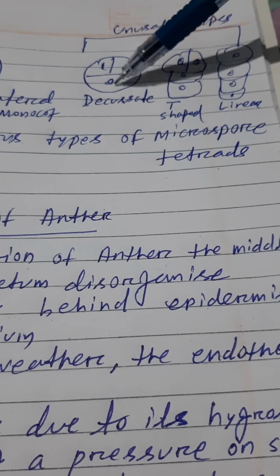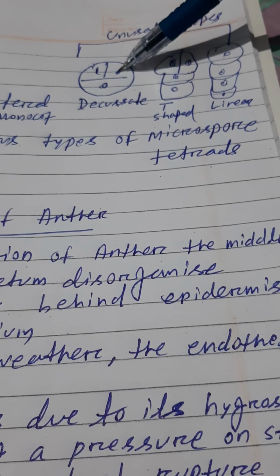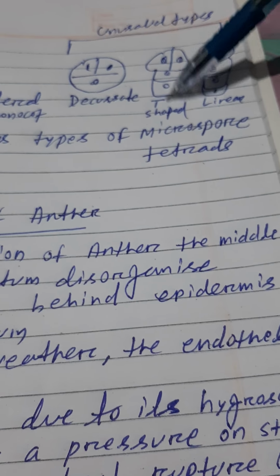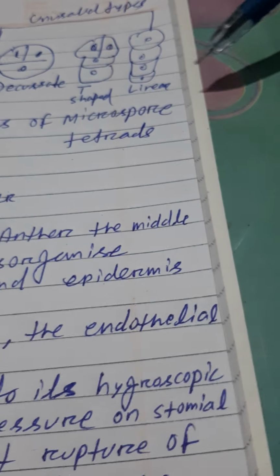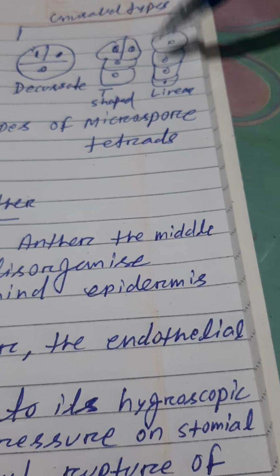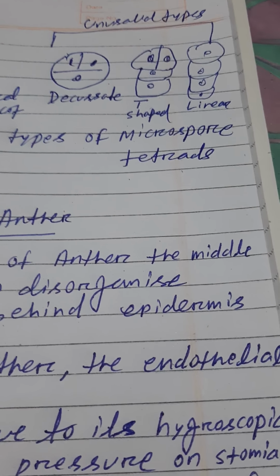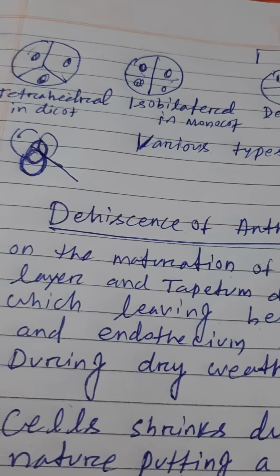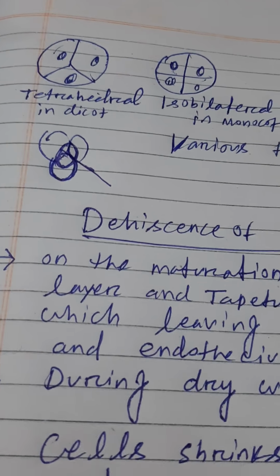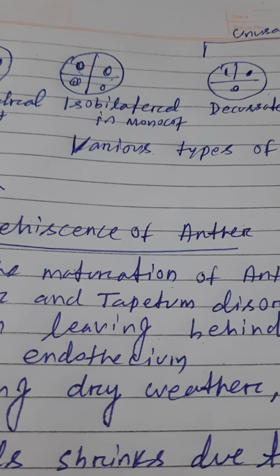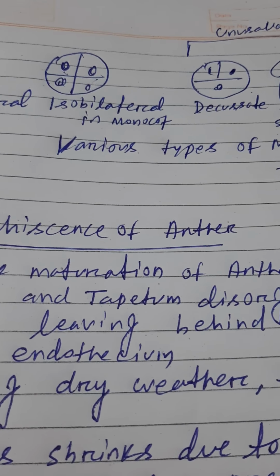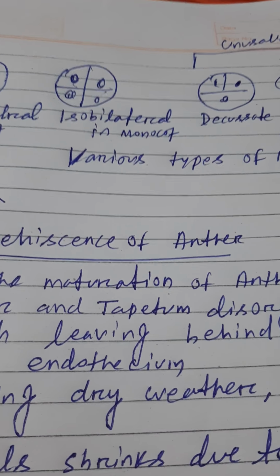Decussate, you can see here, and this one is T-shaped, looks like a T, and these are the linear type. But these 3 are unusual types, and the most common type is tetrahedral, which is found in dicot plants, and isobilateral is found in monocot plants.